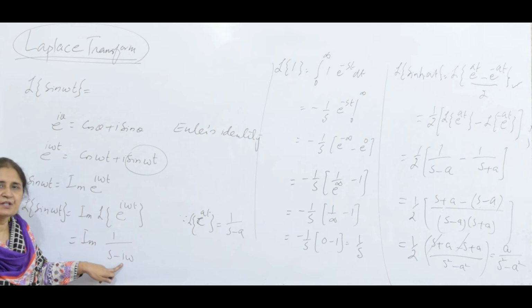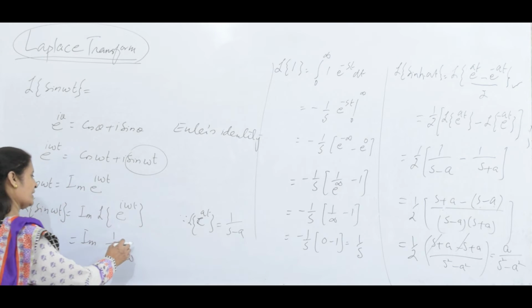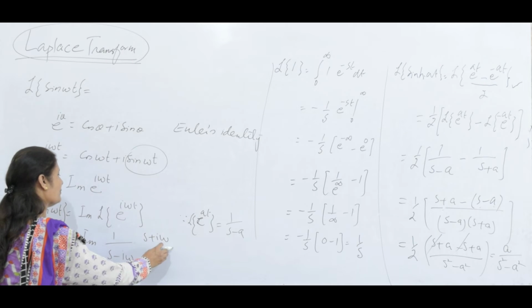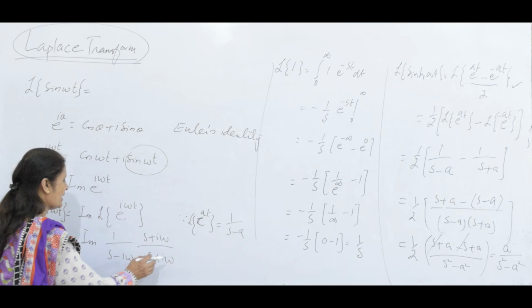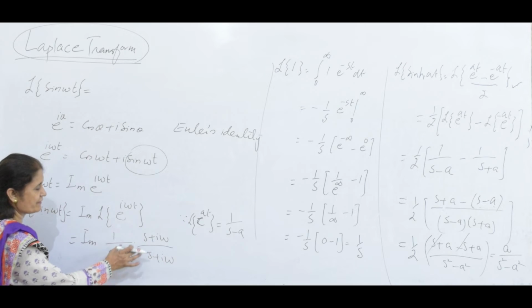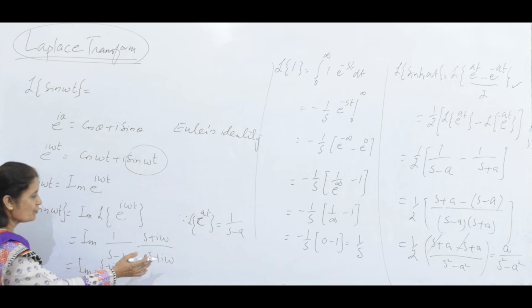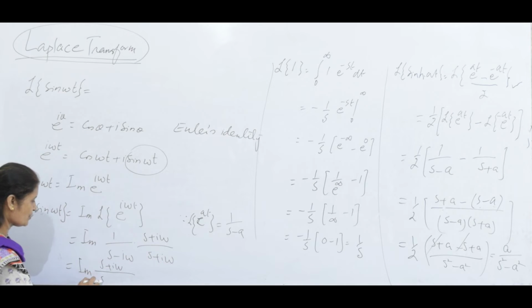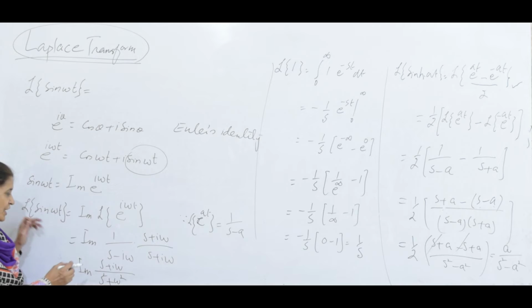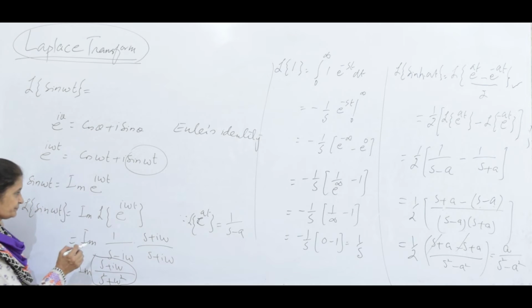Since i is in the denominator, you have to rationalize. Multiply and divide by s plus iω, taking the conjugate. In the denominator, (a plus b)(a minus b) gives s square minus b square, and i square is minus 1, so it is s square plus ω square. Now choose the imaginary part of it.